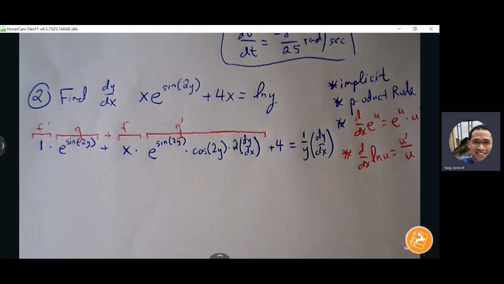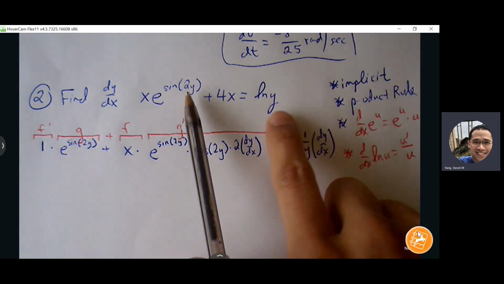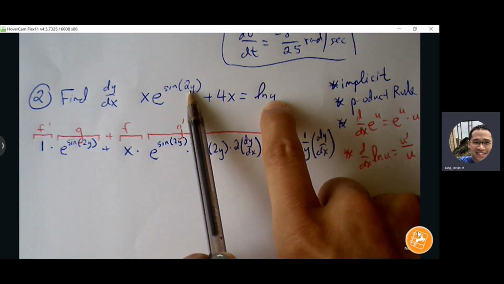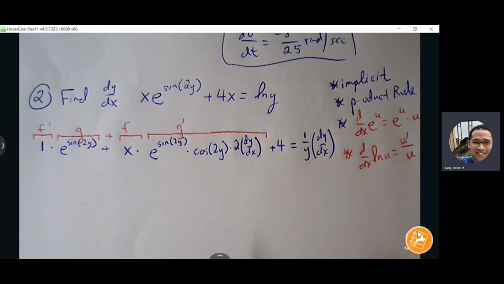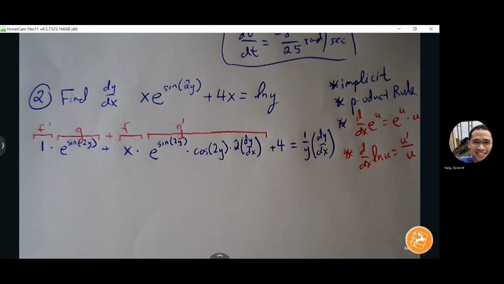Did I have too many? Do I have not enough? If you look at how many y's you have to begin with in the problem, that's how many dy/dx's should pop up in your derivative. I have 2 y's here, so I should have 2 dy/dx's, and I do have that. So however many y's you start off with, that's however many dy/dx's you should end up with.